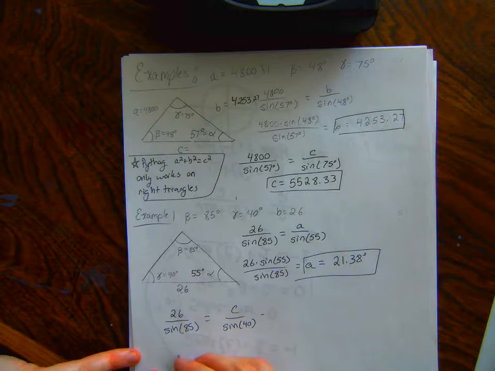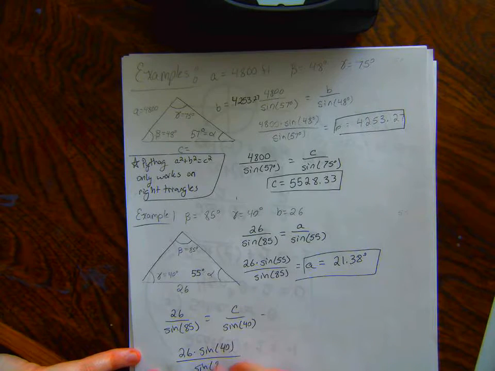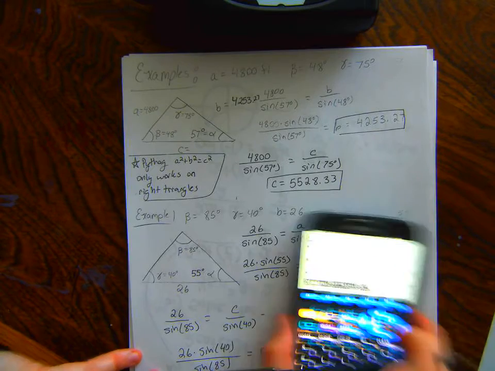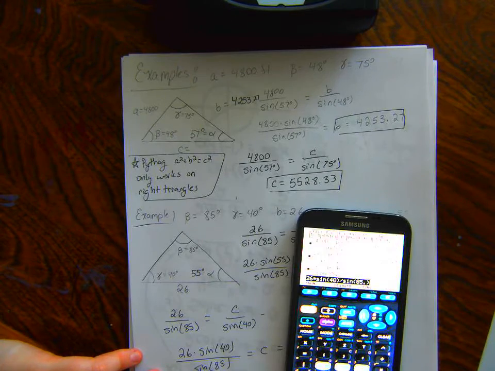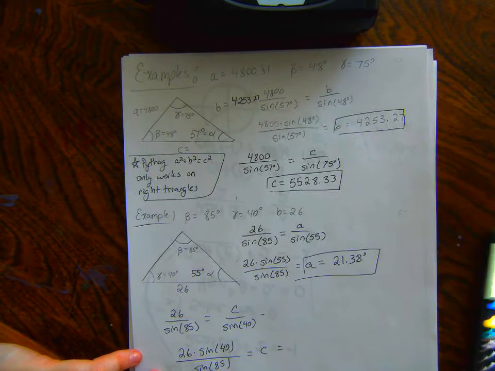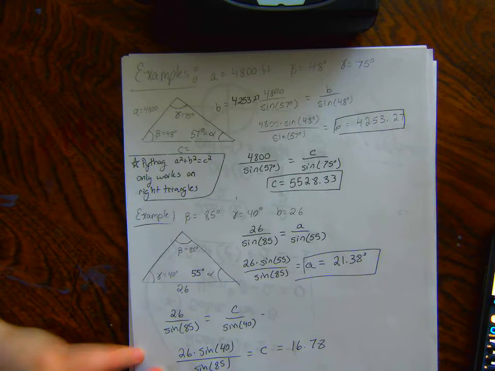Okay, so that's going to be 26 times sine of 40 over sine of 85 equals C. If we plug that into our calculator, we will get that equals 16.78. Okay, so I got 16.78 by rounding that up.